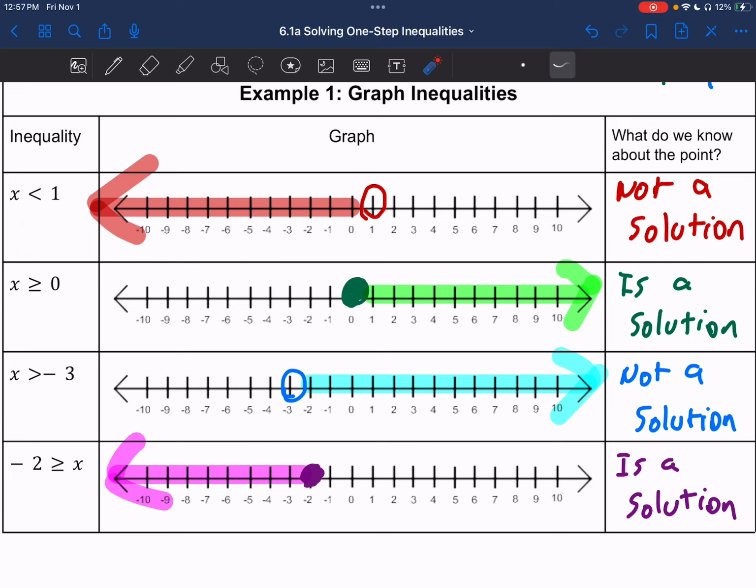Arrow points right, line goes right. Arrow points right, line goes right. When the variable's on the other side, you're going to do the opposite, right? The arrow is pointing to the right, the line goes to the left, right? So when we read from the perspective of the variable, if the variable is first, the first term, you just follow whatever direction the arrow is pointing.